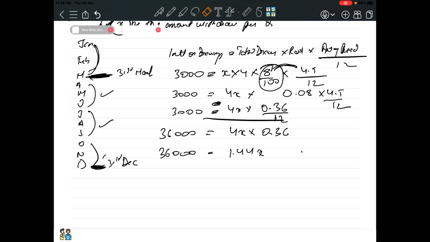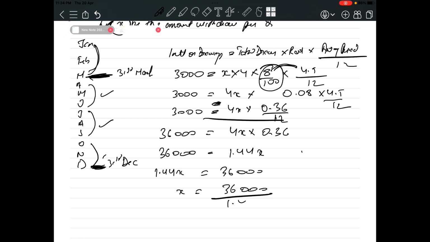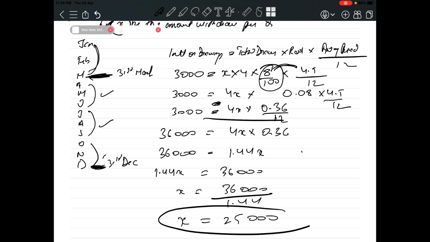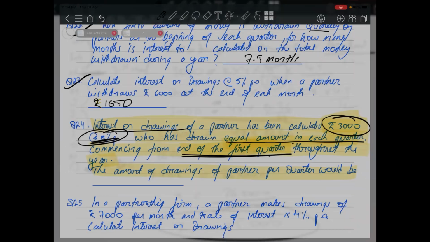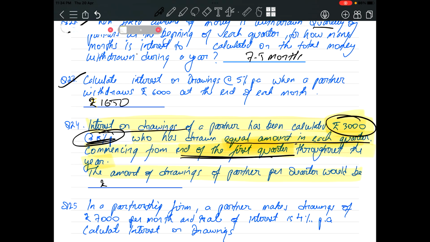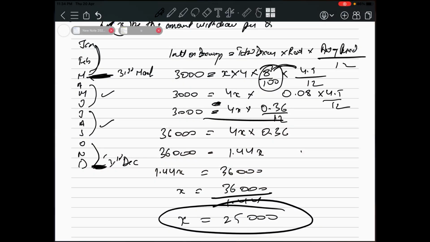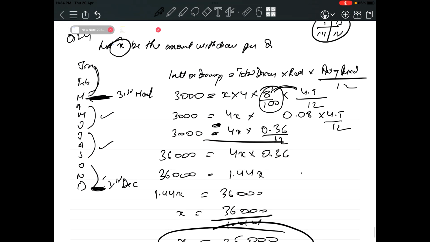So 1.44x is equal to 36,000. What is the value of x? 36,000 divided by 1.44 is 25,000. So he has withdrawn 25,000 per quarter. The answer is rupees 25,000. You can copy this.